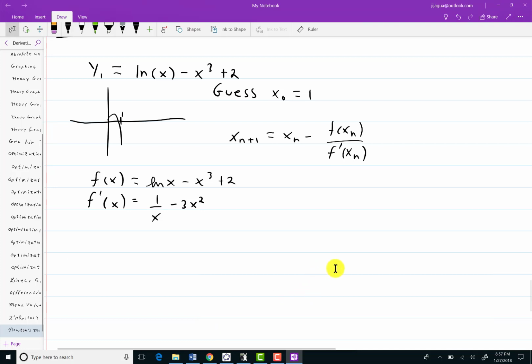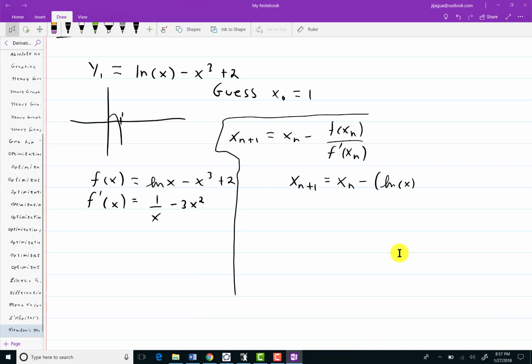So when I do my x n plus 1, that'll be x sub n minus, and you'll have to put this ln of x minus x cubed plus 2 divided by, parenthesis, in the denominator. You can do x to the negative 1 minus 3x squared, like that.